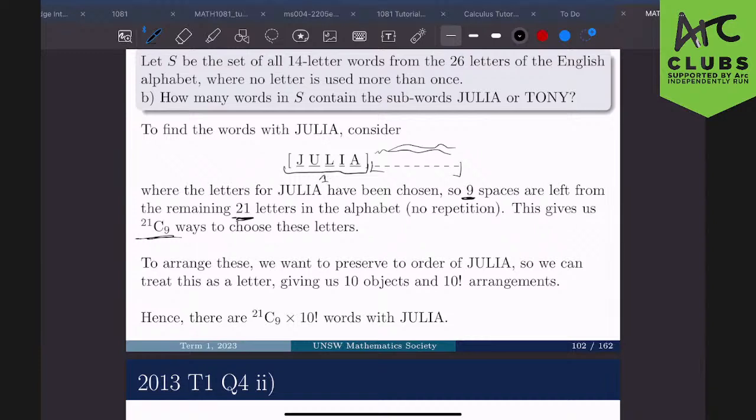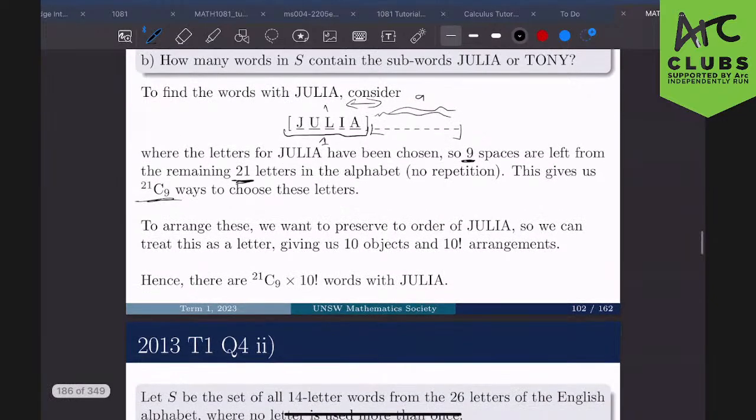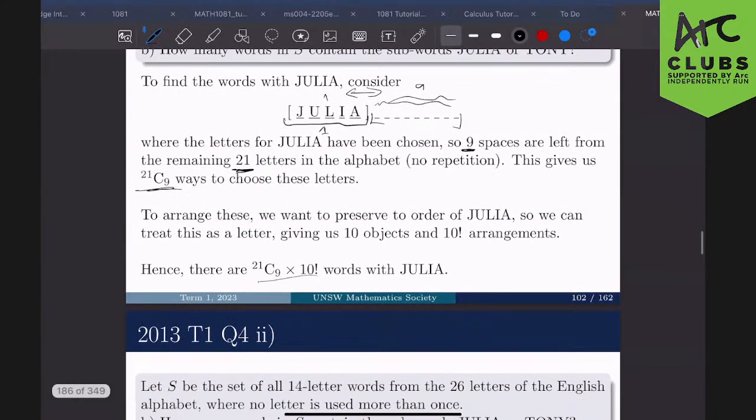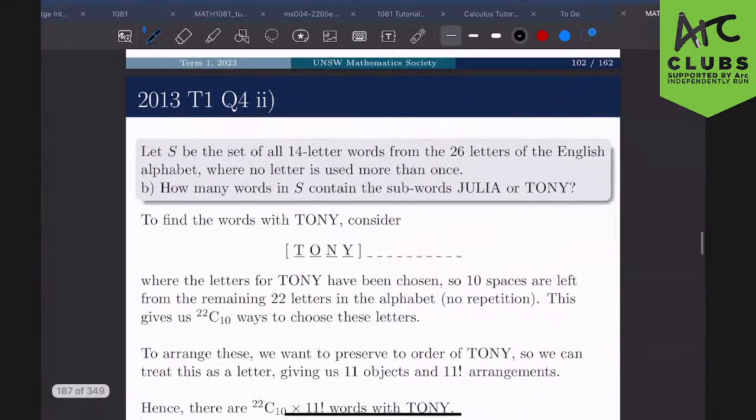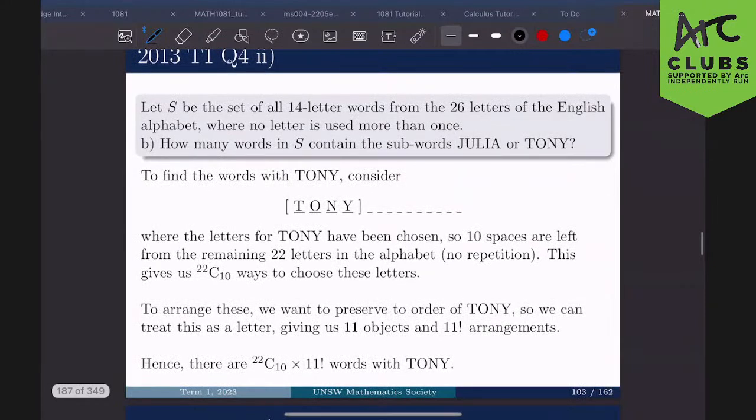In this case, we have 10 objects, the 9 here and the 1 Julia. So it's just going to be 10 factorial arrangements for this, and we just multiply that together, and that will give us our answer. And we're just going to be repeating the same process with Tony.